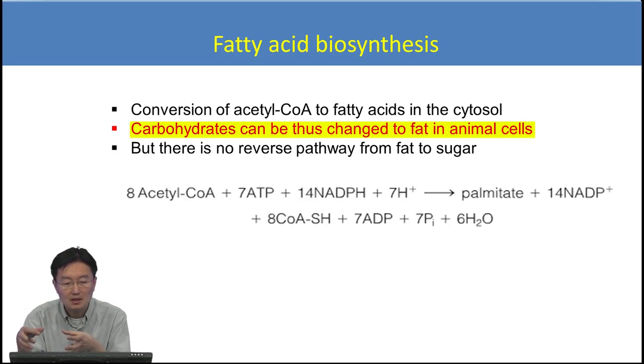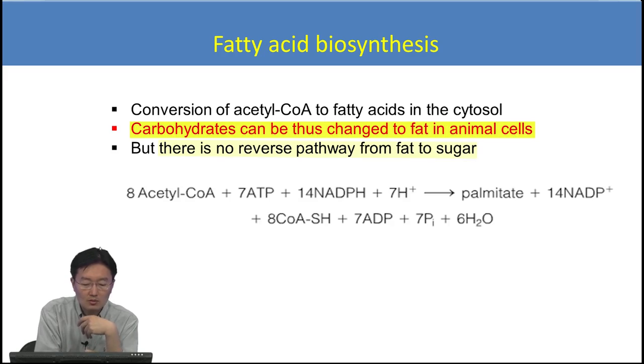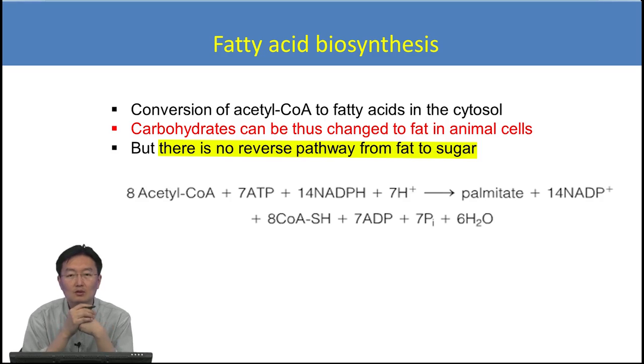The thing is, even glucose breakdown through oxidative processes, and the accumulated acetyl-CoA from carbohydrates, can be used for fat accumulation. However, there is no reverse pathway from fat to glucose because we don't have such enzymatic systems.